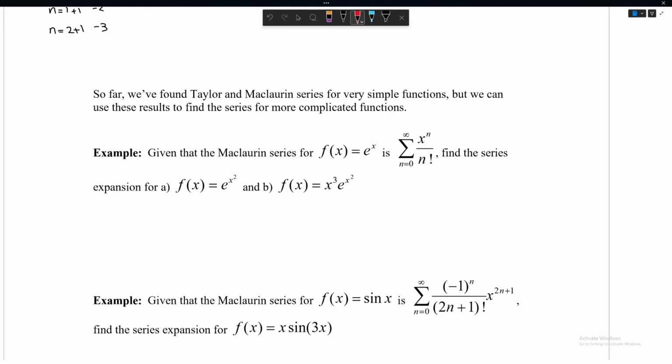Now if you have something like this, you could still do the same thing. So you could do your summation. I'm not gonna write my summation anymore, but let's say x cubed times this. Now we know it becomes x to the 2n over n factorial, and now you have your summation, and you just keep your x cubed here. Now if they multiply, it would be x to the 2n times x to the 3, which is the same thing as x to the 2n plus 3.